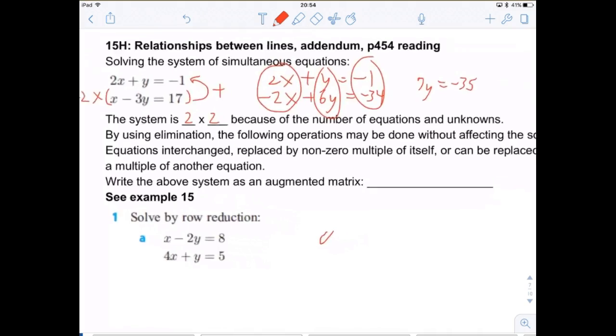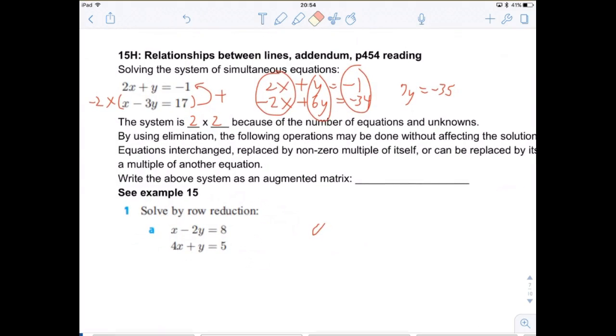Now, when we use matrices, we do a similar thing, but it's just a shorthand notation because we don't need to write the plus sign. We don't need to write the x's and y's, the variables. And I'll show you how that works. Basically, if we were going to rewrite this system as an augmented matrix, we would just write the coefficients and not the variables.